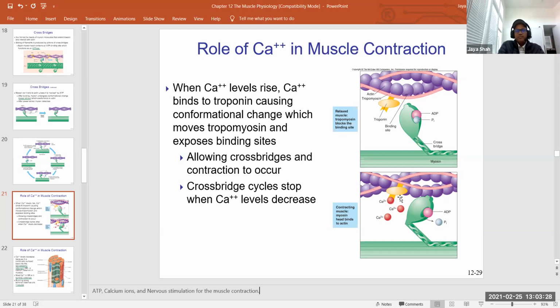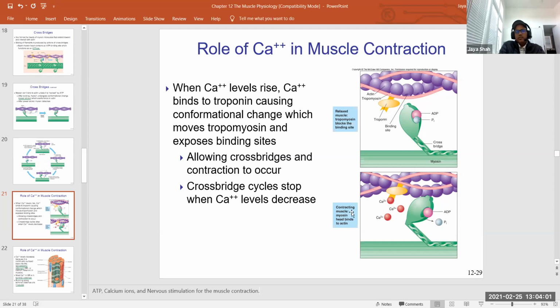Once calcium, after the action potential, enters the muscle cells, and calcium released from the sarcoplasmic reticulum in the sarcoplasm binds with the troponin, then you see, the tropomyosin is moved and now myosin head can bind.